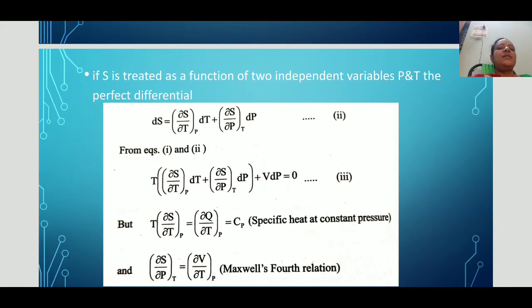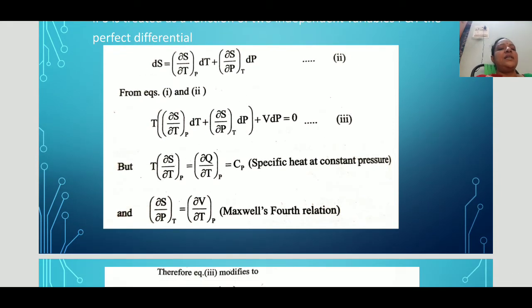By seeing this first and second equation, just substitute this dS value in the first equation. Then the equation changes to T into, in place of dS, we are substituting the second equation. That is T into dou S by dou T at constant P dT plus dou S by dou P at constant T dP plus, as it is, this VdP term is equal to 0. Say this is the third equation.